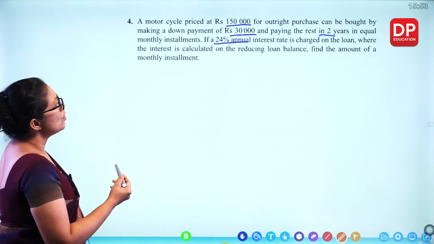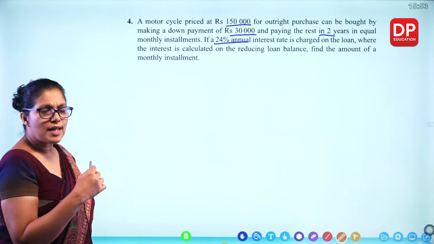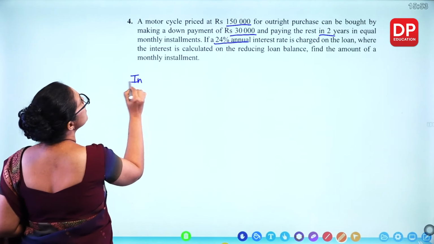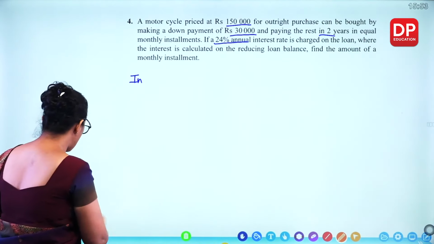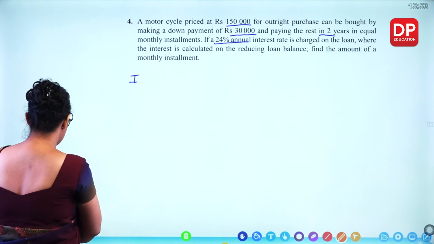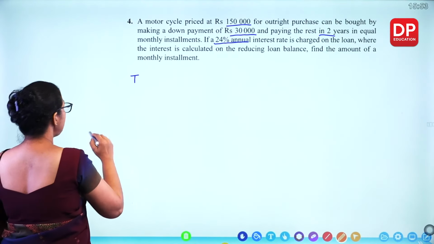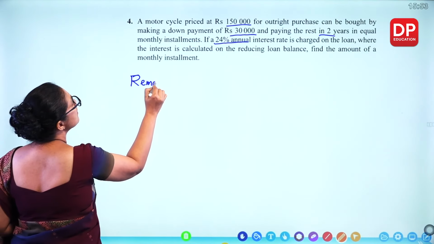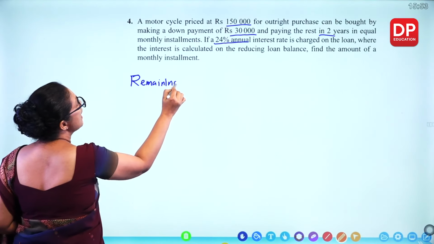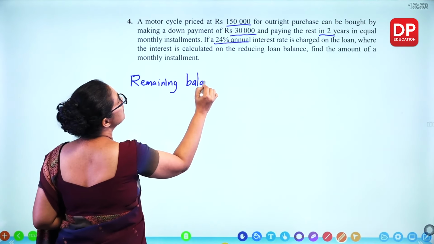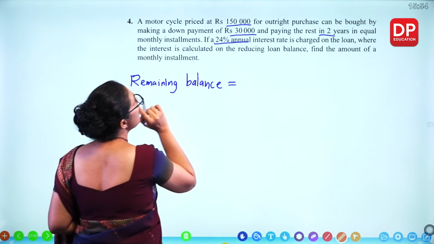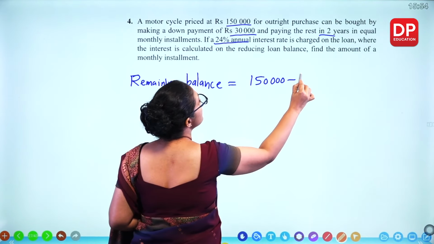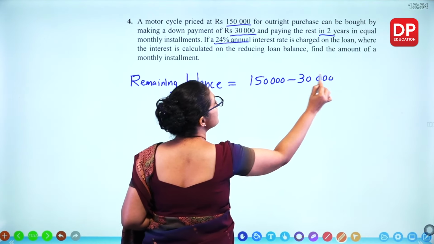So you have to do the same steps. So what's the first one? Installment. Now remaining balance you have to calculate because there's a down payment. So remaining balance is, this is 150,000, down payment is 30,000.